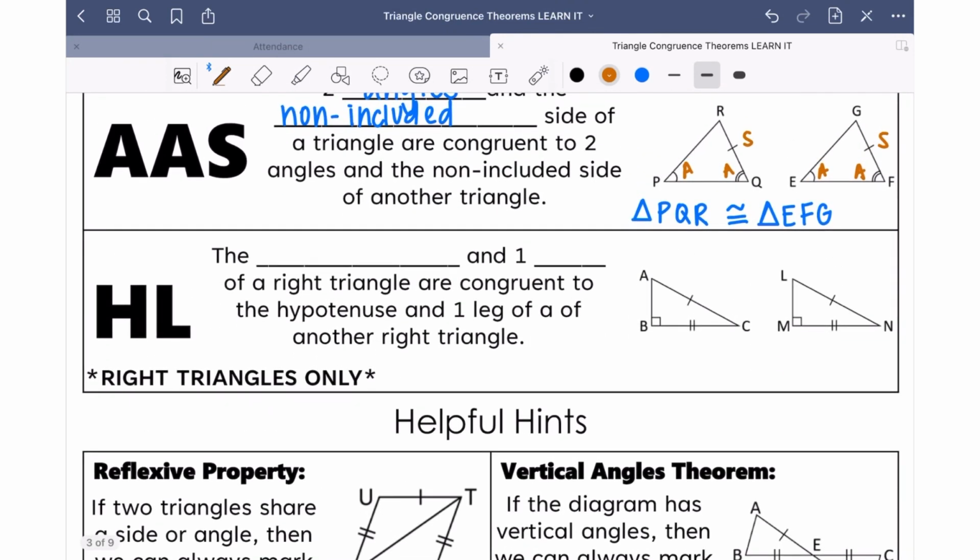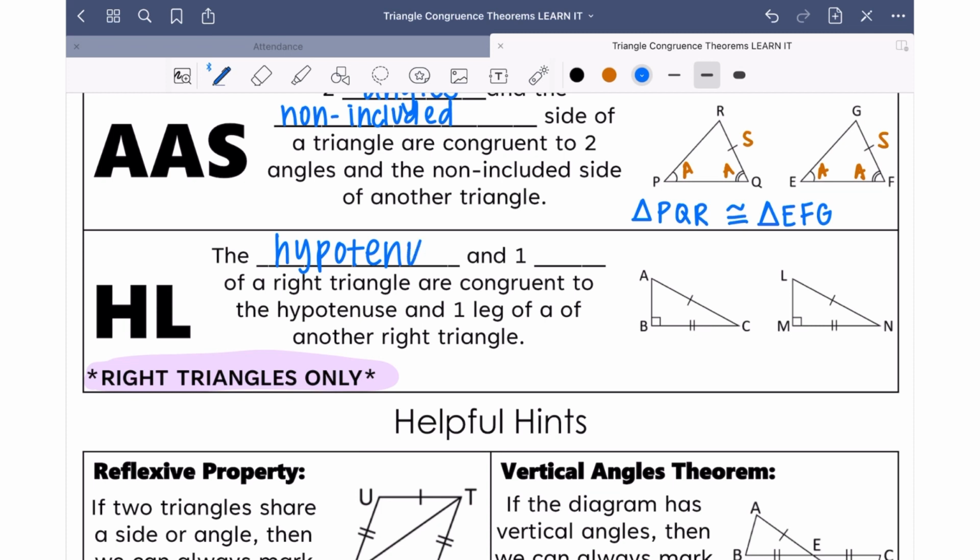Okay, let's finish this. The last one is the hypotenuse leg theorem. That's what the H stands for. This one is so important because you can only use it with right triangles only. No other triangles, only right triangles, okay? It says that the hypotenuse, who remembers that word, hypotenuse?